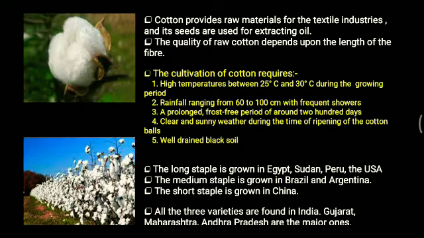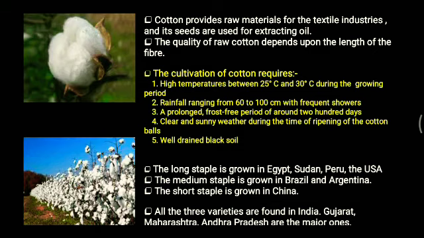Also, a prolonged frost-free period of around 200 days. Clear and sunny weather during the time of ripening of the cotton bolls. And the most important, well-drained black soil. So these are all the requirements for the cultivation of cotton.